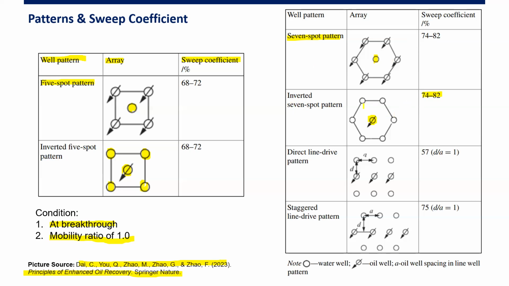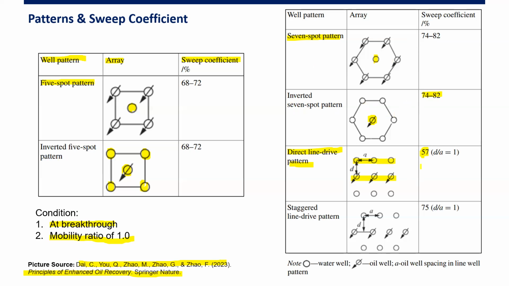Okay, so if you have the direct line drive pattern here, direct means you have a row of producers and in the same configuration you have the row of injectors. So it's parallel, right? It's a parallel row between the producer and injector. In this case, you have a lower sweep coefficient, 57%.